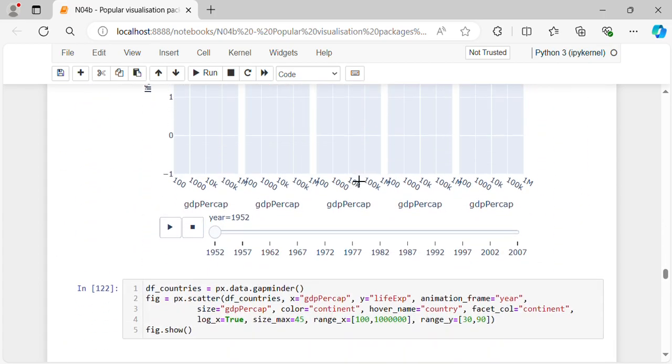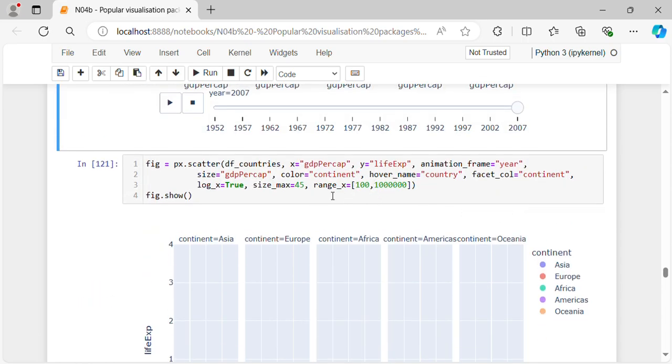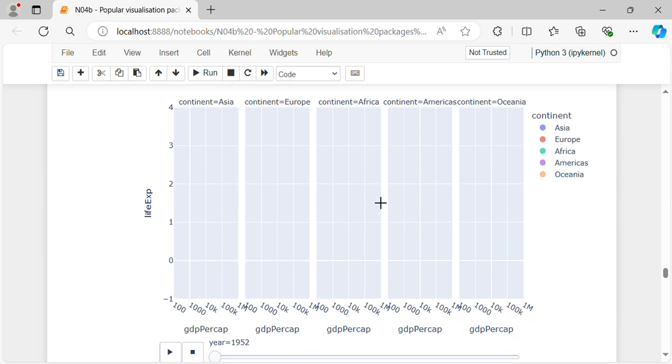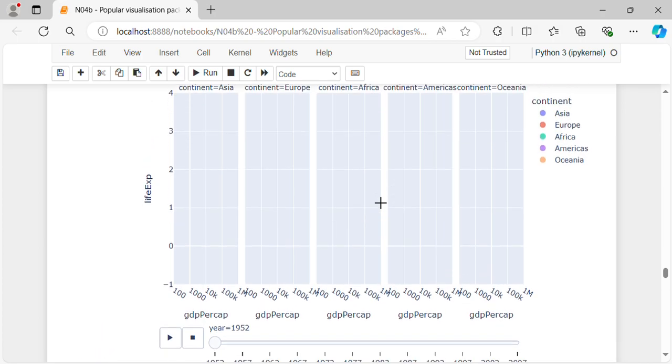So let's see, we add another parameter, say range_x equal from 100 to 1 million. So let's see what happens. 1952 doesn't show us anything. What about 1957?